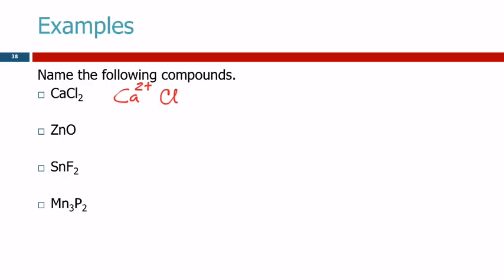It also tells us that the name of this ion does not need a Roman numeral. Remember, if it's in group 1A, 2A, 3A, zinc or silver, it doesn't need a Roman numeral. So the name of that first ion is just calcium ion. But we're not going to put the word ion in our compound name. And then what about chlorine?